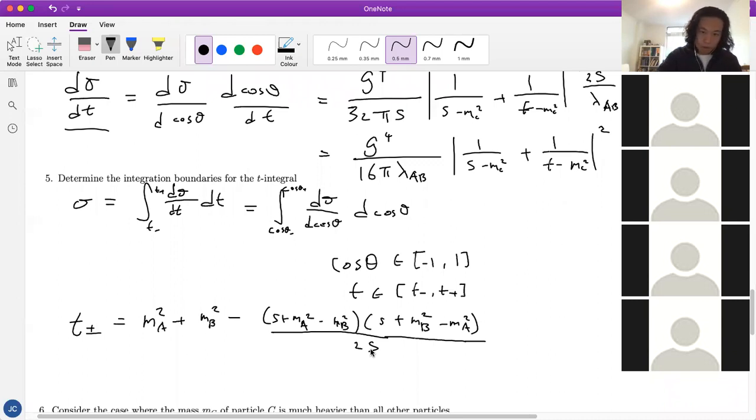So these I just got from both the center of mass energy and also the three-momentum.